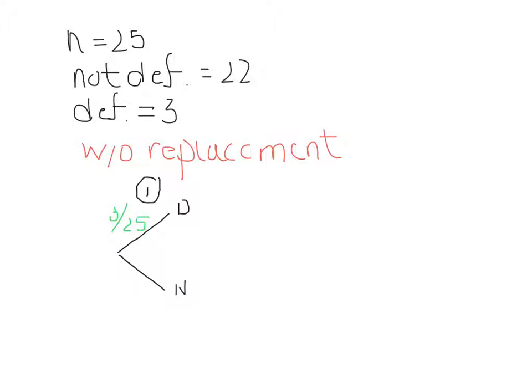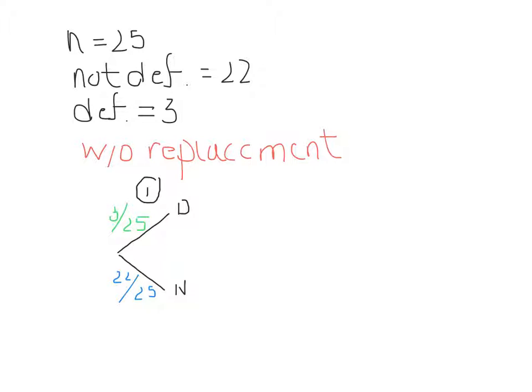And the probability that the one we pick is not defective would be 22 out of 25. We notice that those probabilities that stem from the same place in our tree diagram add up to 25 out of 25, which is equal to 1. That's the first part that I pick from the box.